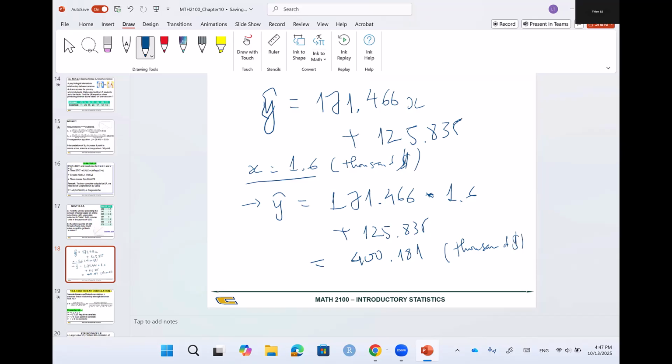So this is how you can use a linear regression to perform a very basic prediction task, okay? And the linear regression equation here helps you do the prediction task.